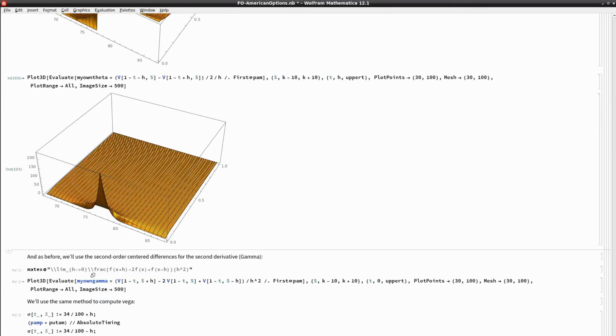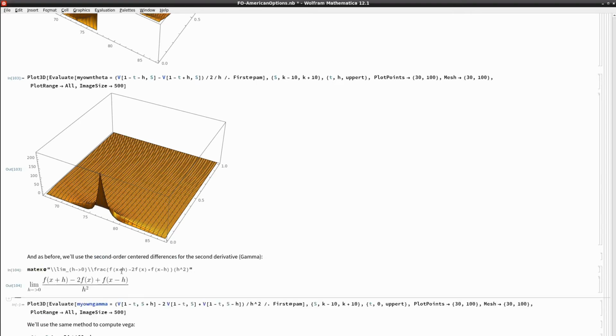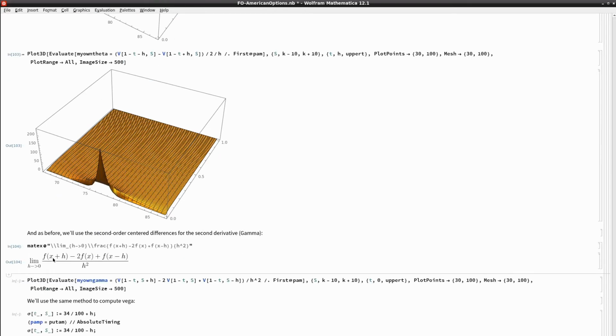And as before, we'll use the second order centered differences for the second derivative, that is gamma. So the formula for that is this formula here. It is f of x plus h minus 2 times f of x plus f of x minus h, divided by h squared. So here I want to point out the point I made earlier, that we need 3 f computations if we want to do this with a tree.